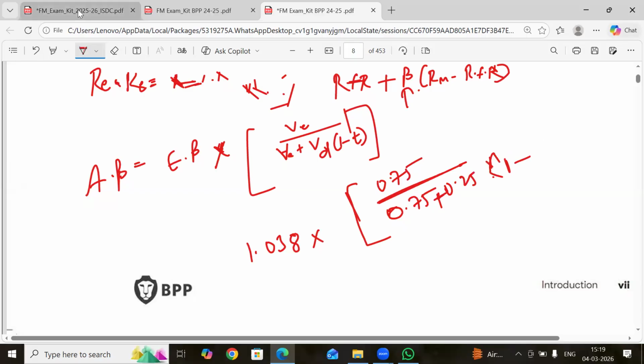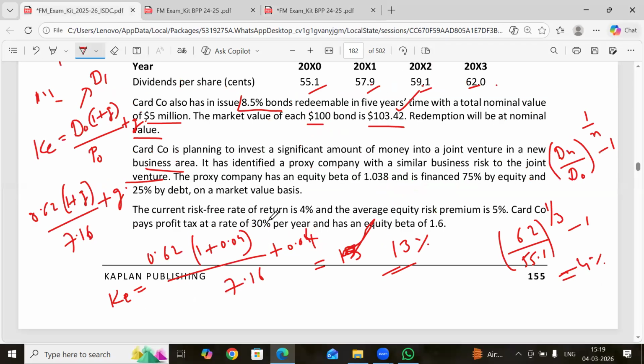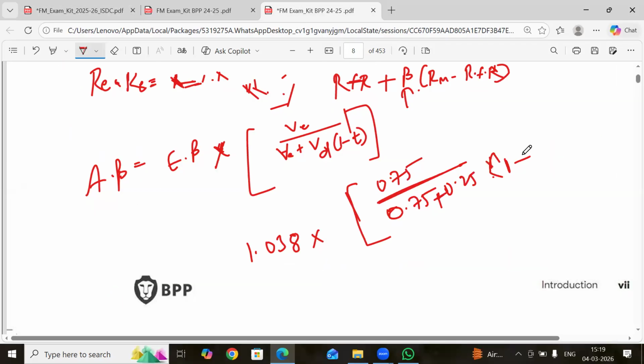What is the tax rate given in the question? 30%. All of you do the calculation. Tell me the answer, please. 1 minus. Tell me what is the asset beta? All of you.